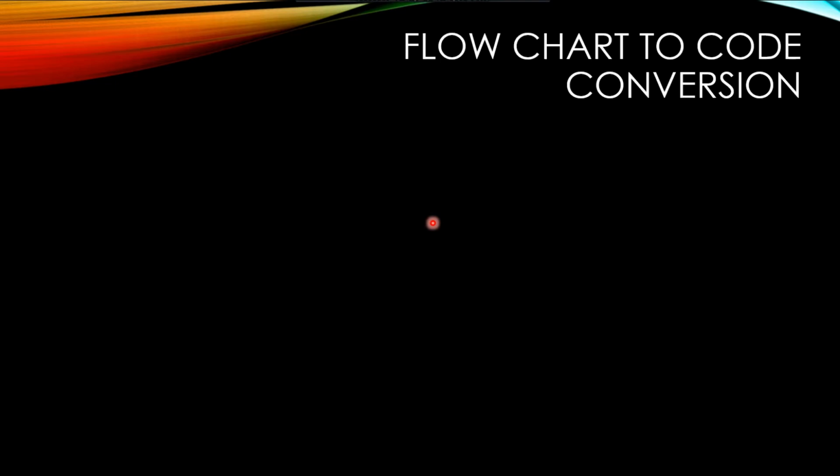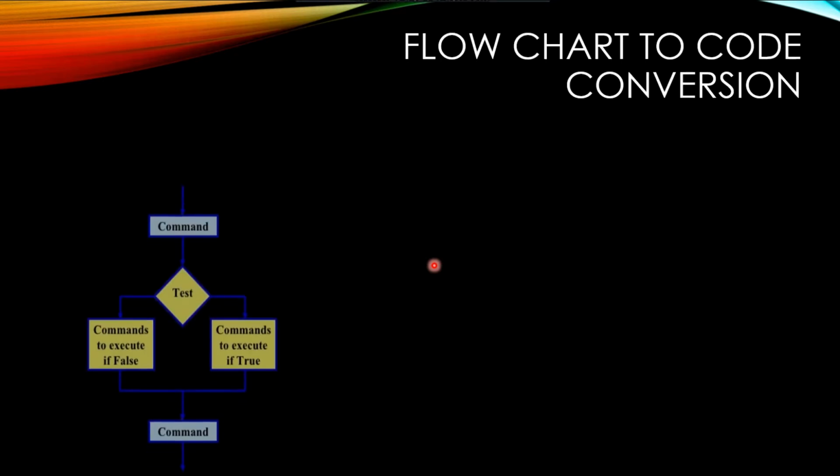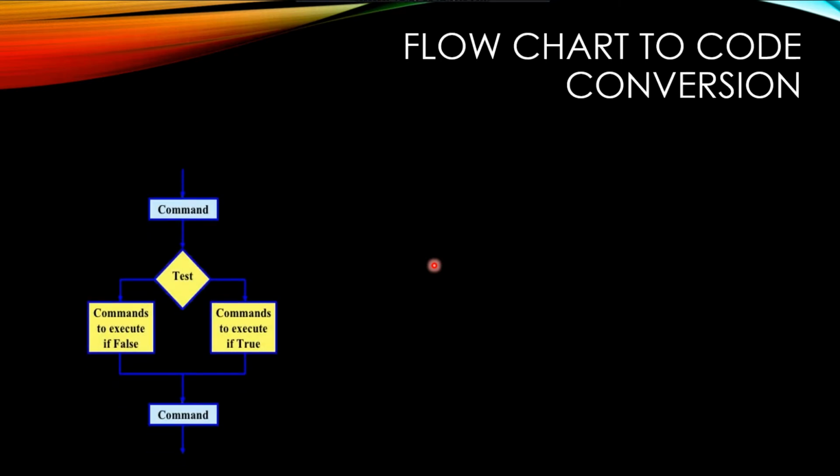Now, let's understand how we convert that flowchart into real code that will be working. For that, we need to understand the flowchart first. So this was the flowchart that we studied in the earlier slide. Now see, you have a command, you get to the decision making step.